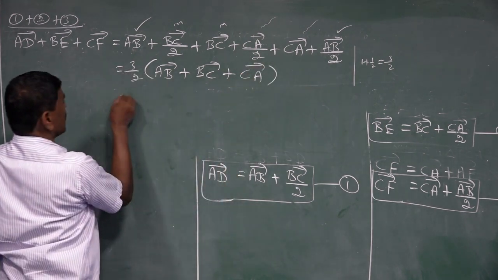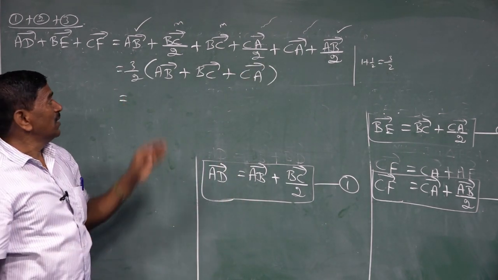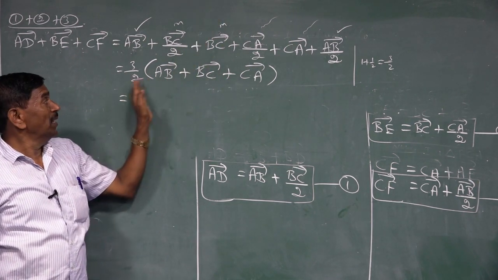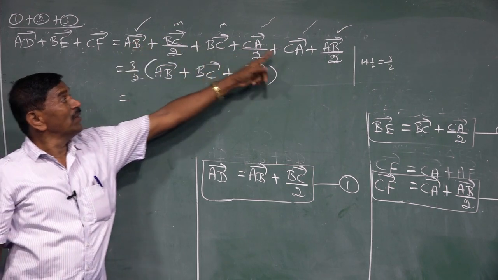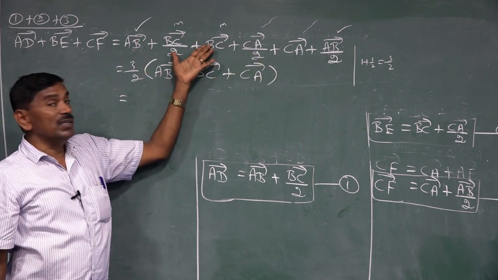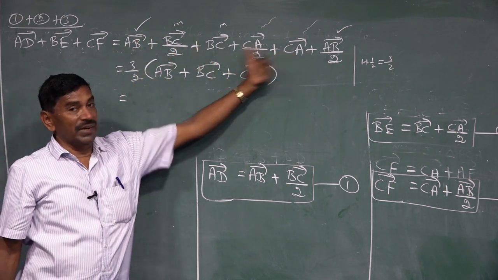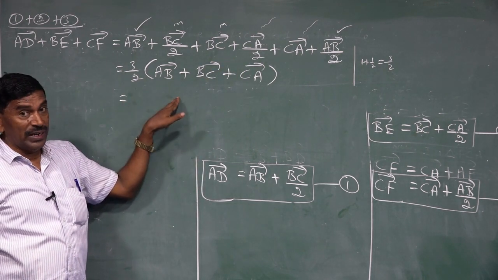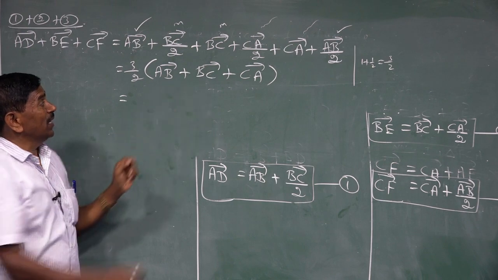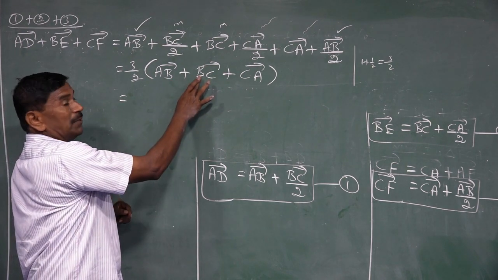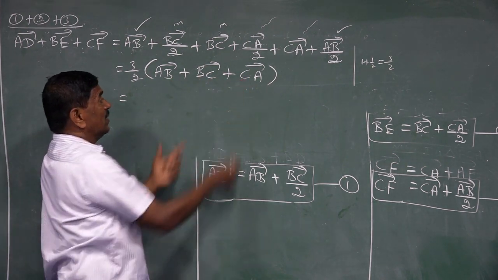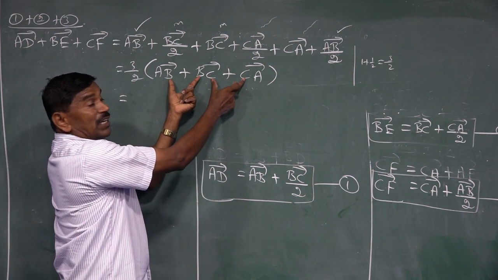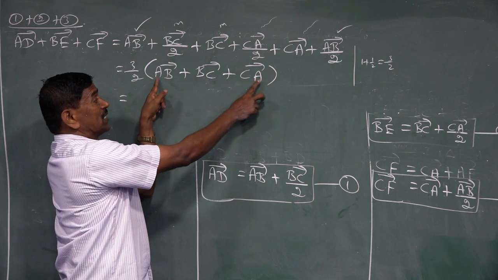Okay. Now the next step, yourself. If in doubt, 3 by 2 multiplied inside gives the previous step: 3 by 2 AB vector plus 3 by 2 BC vector plus 3 by 2 CA vector. Now we want to prove this equal to the 0 vector. Listen, here the middle B and B cancel, the middle C and C cancel. The first and last is the result. What is the first and last?